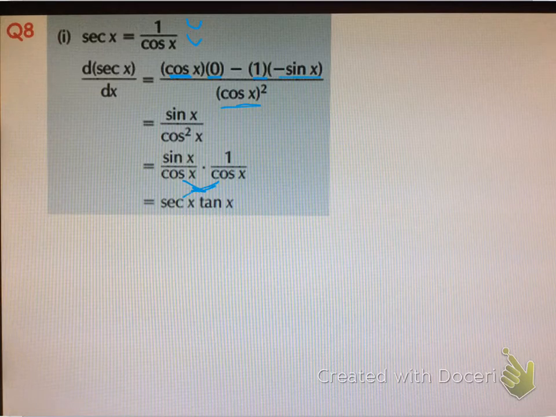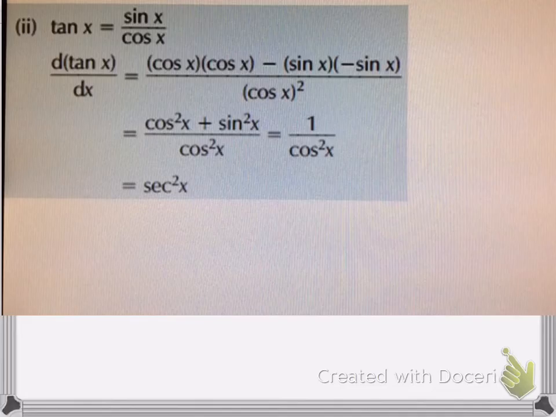Part 2. Again, tan x is the same as sine x over cos x. That comes from page 13 of the log tables. So if we want to get the derivative of that using the quotient rule, that's a u over a v. So v du dx minus u dv dx all over v squared. So that's quotient rule. Tidy it up, so cos squared x plus sine squared x all over cos squared x. Remember, from the log tables, page 13, cos squared a plus sine squared a is 1.